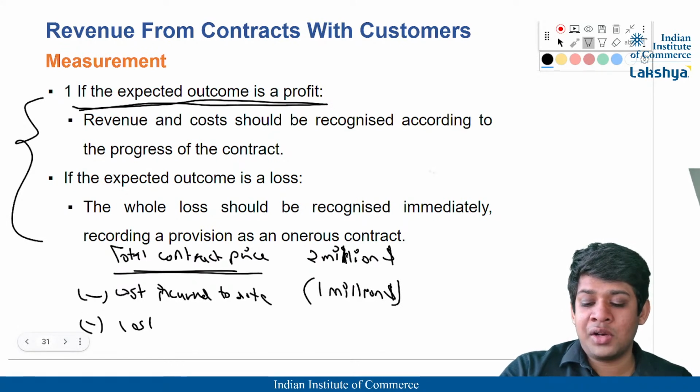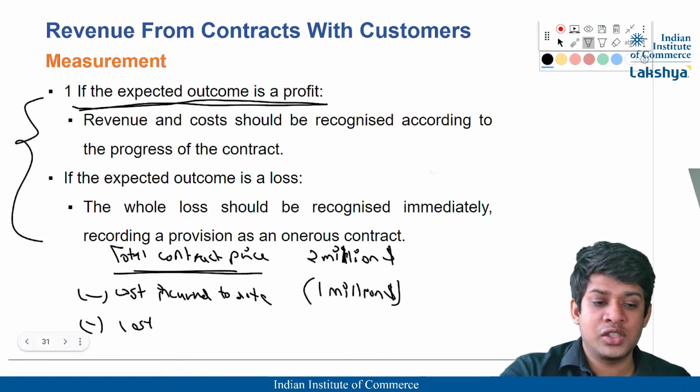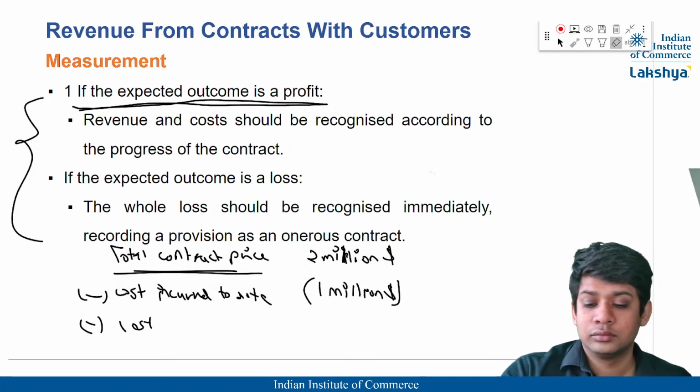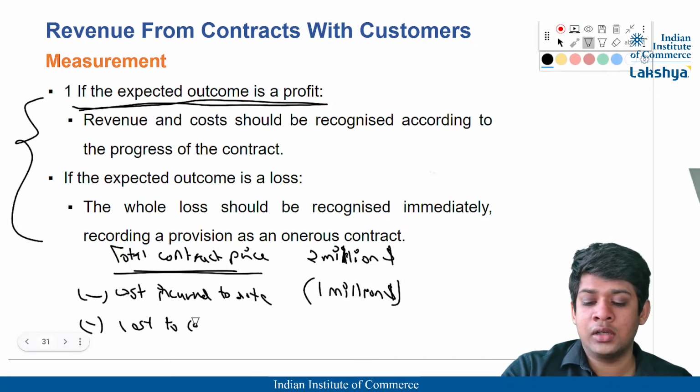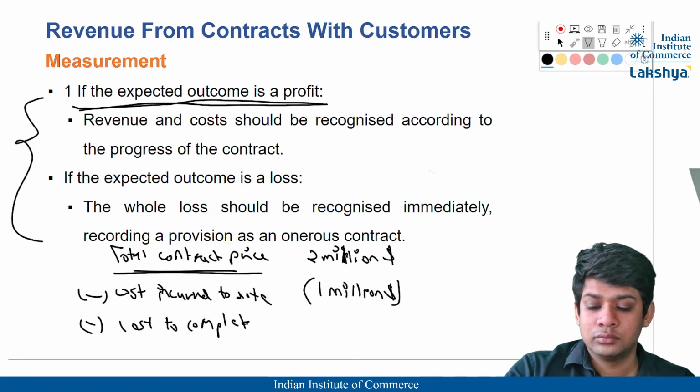And I'm almost about to complete the project. So the estimated cost to complete, I'll just write cost to complete. You can consider that it is estimated cost only. Estimated additional cost that had to be incurred for the completion of this project is maybe say 2 lakh.